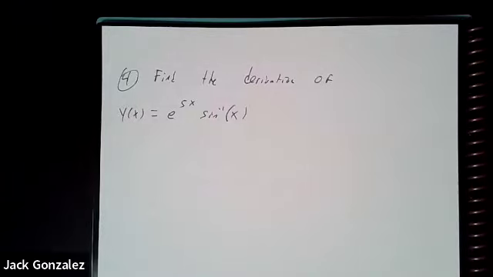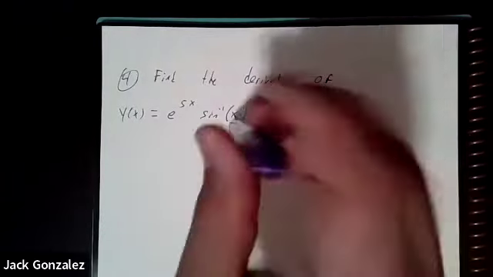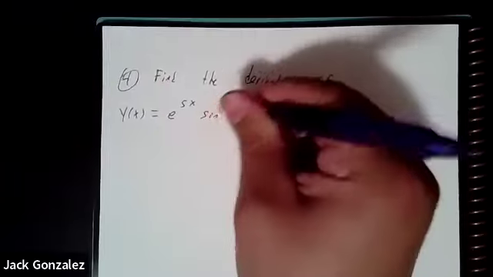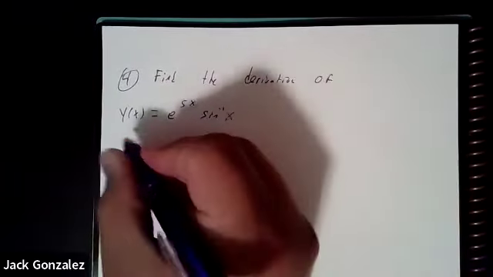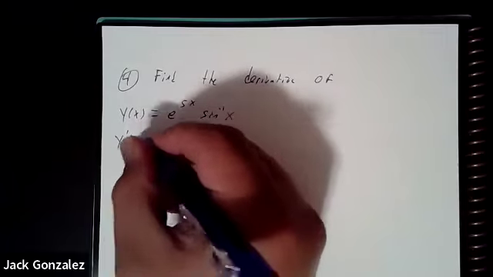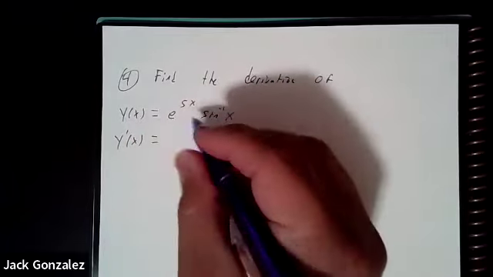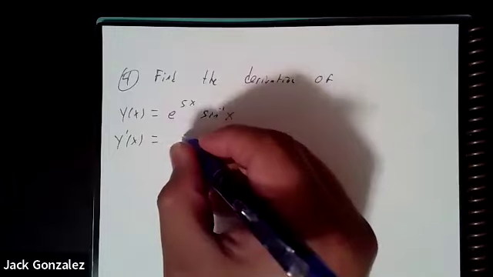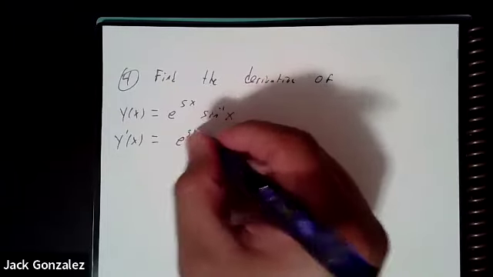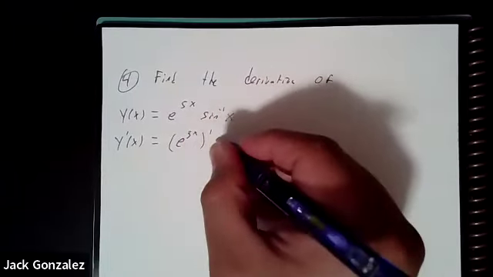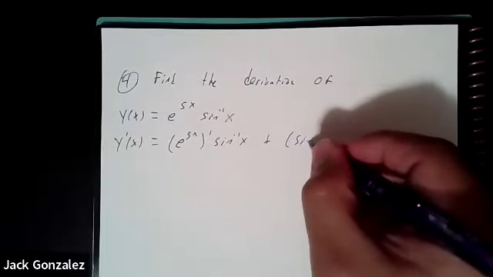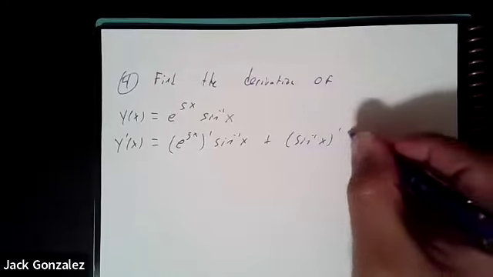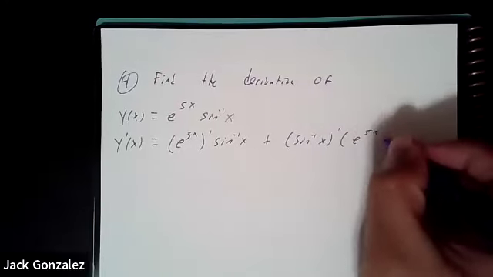Okay. So the derivative will be the derivative of the first part times the second part plus the derivative of the second part times the first part.